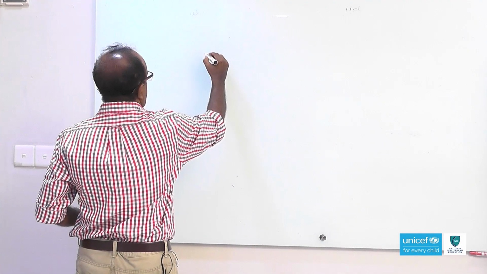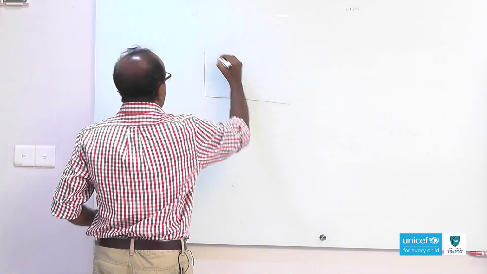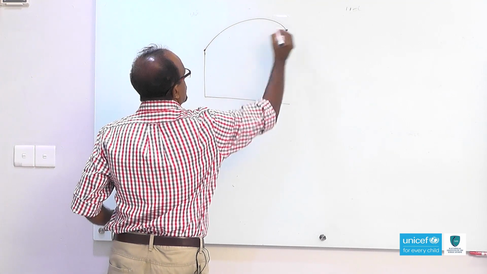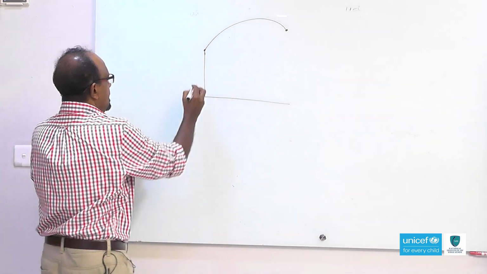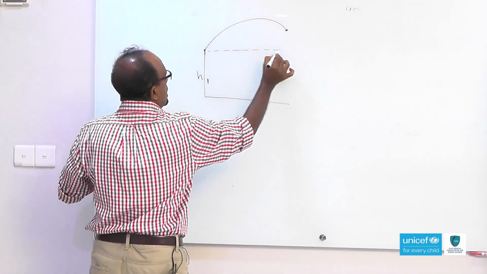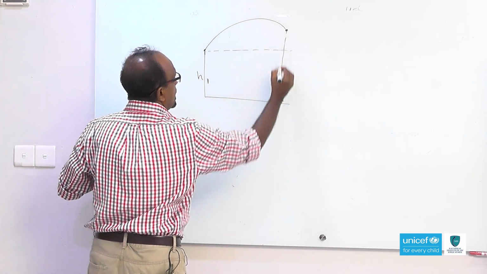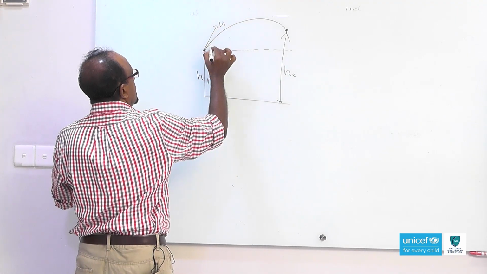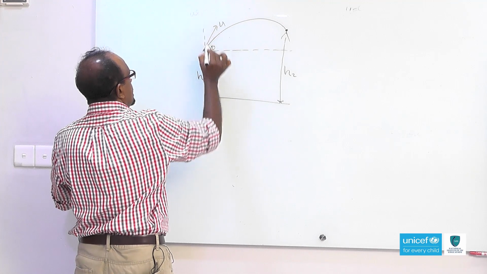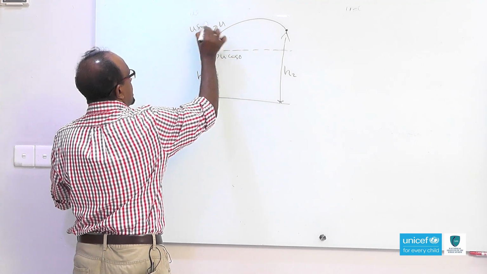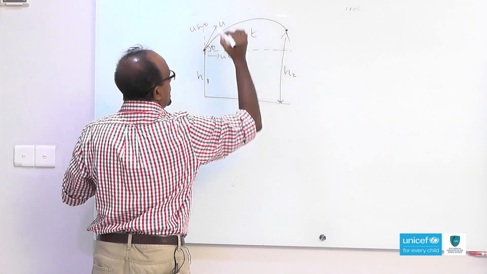You can get a question like this. You are throwing a body and suppose it will stop somewhere here. Then this is another way. Take this as h1, and then we will take this whole length as h2. The same way, initial velocity, angle of projection, u cos theta, u sin theta, then time t.